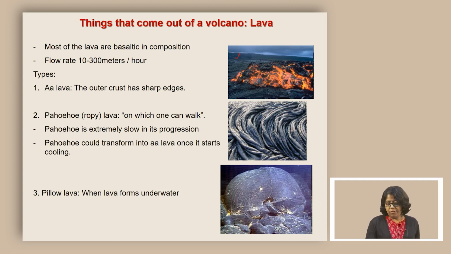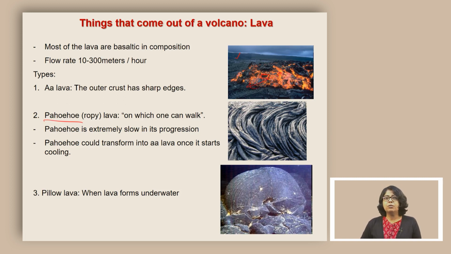So, a'a lava has these sharp edges. What it says is that it is moving while part of it is also solidifying, but because it is moving relatively faster, it is not getting the entire surface covered by solid rock pieces, and therefore you have these sharp edges forming and getting pushed by the liquid part of it.